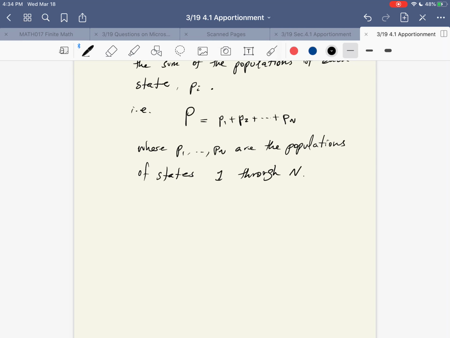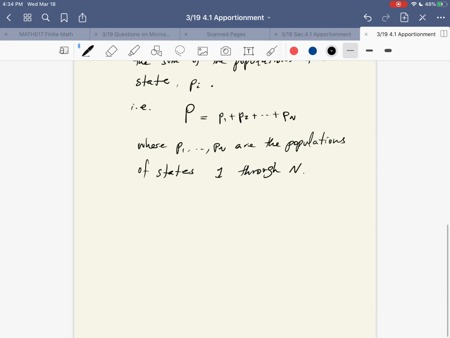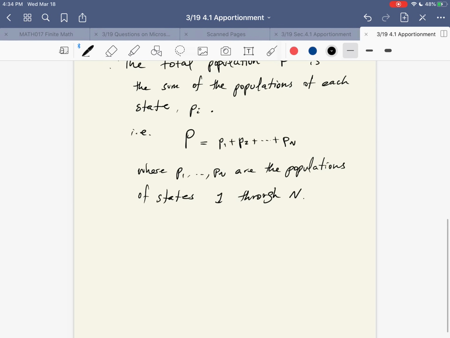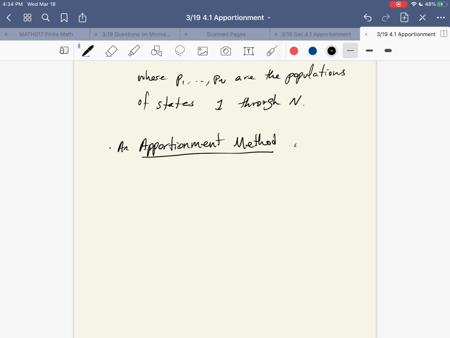And I guess I defined what apportionment was up here, a division of the finite number of seats, but now I'll say an apportionment method. An apportionment method is a systematic procedure that guarantees a division of the m seats to the n states using some formula.